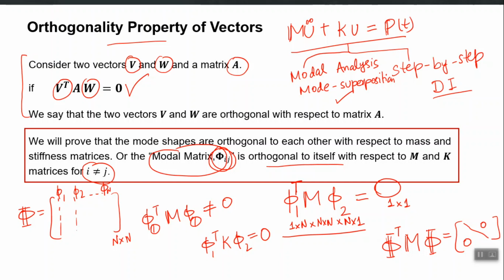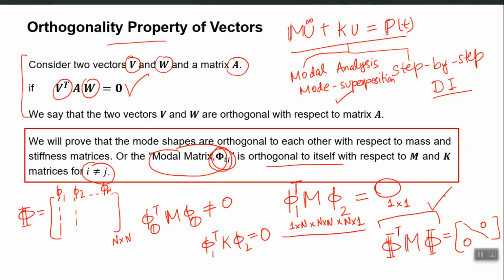So the resulting matrix for this product is a diagonal matrix. All the entries on the diagonal will be non-zero while all off diagonal terms will be 0.